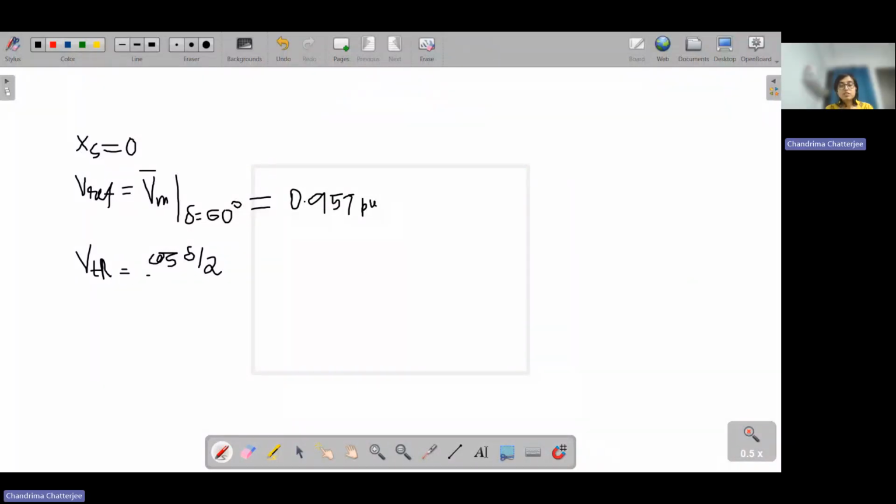So cos delta by 2 by cos beta L by 2. So delta is 40 degree.